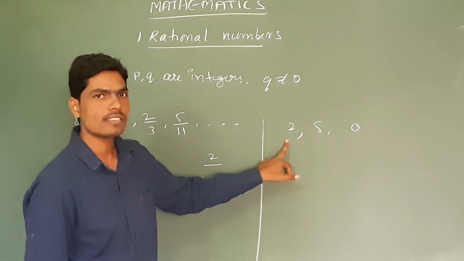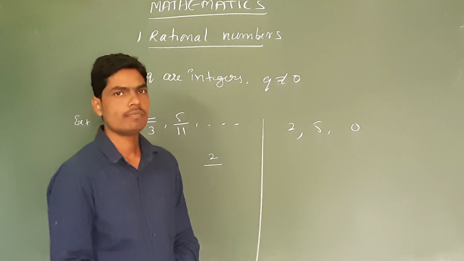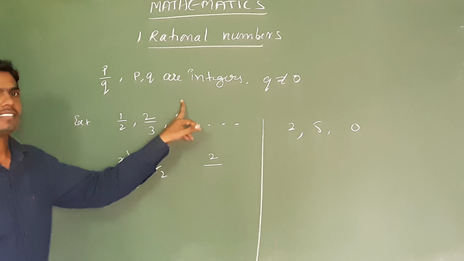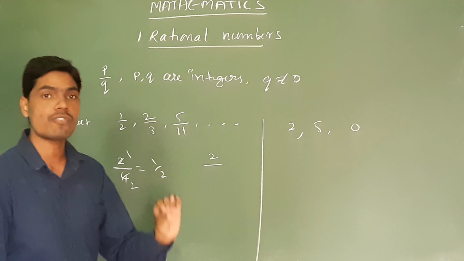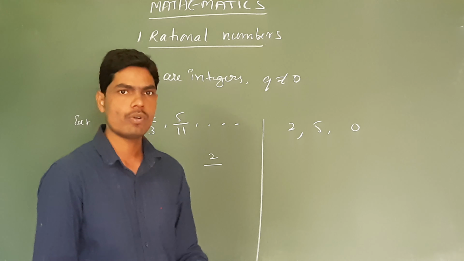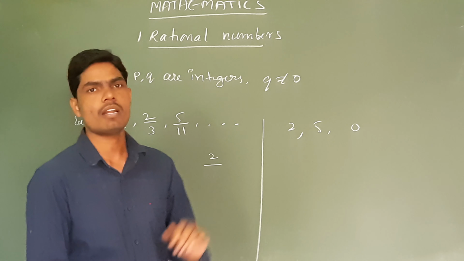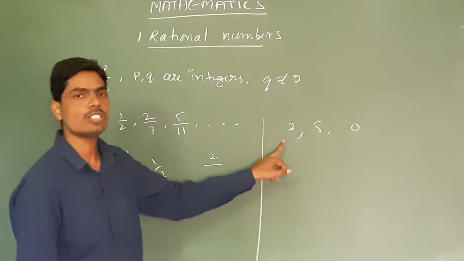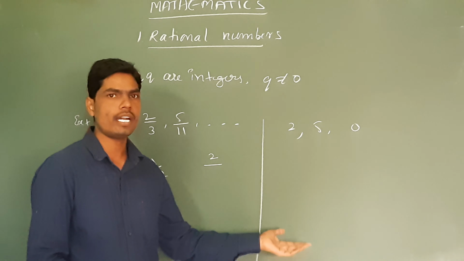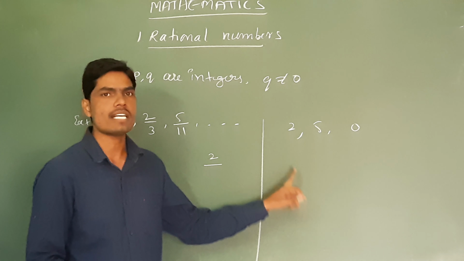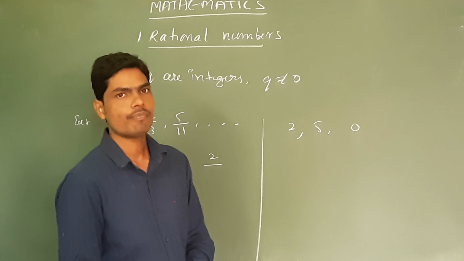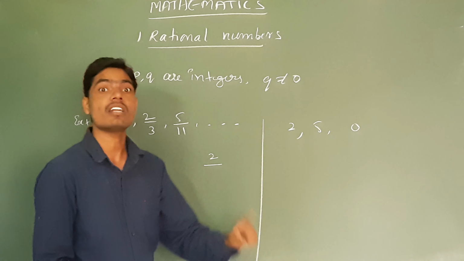2 is a rational number. But we said the numbers which are in the form of p by q are called rational numbers. Now here it is 2. There is no numerator, there is no denominator. How can we call this 2 a rational number? Yes, 2 is a rational number.